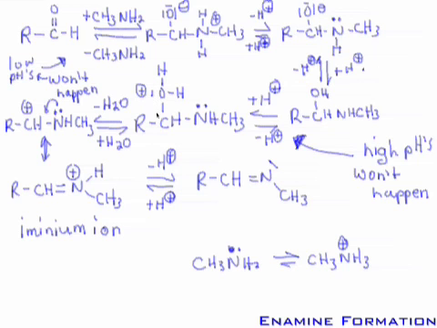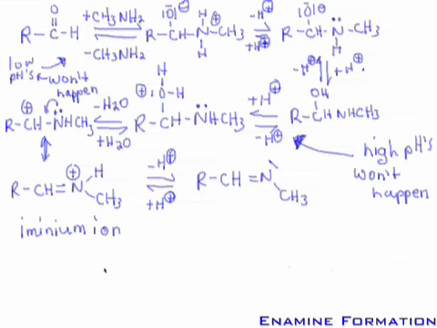Now, I want to leave this mechanism up because it is very similar to what would happen if we used a secondary amine. Now, I'm going to draw the reaction summary on the bottom. You notice that what we've done in this reaction to produce the imine is that we attacked it with a primary amine, that is, methylamine.